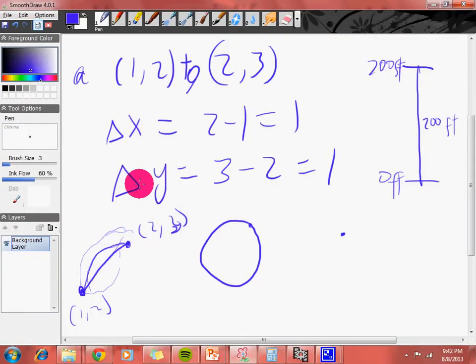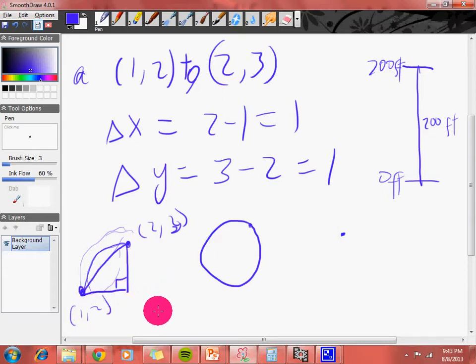Now, when I talk distance, I generally do not cut it down into components. The reason we do it with displacement is because you may want to find the speed or velocity in the x and y. For distance, you do not do this. You do the Pythagorean theorem, so c squared equals a squared plus b squared, or the distance formula.